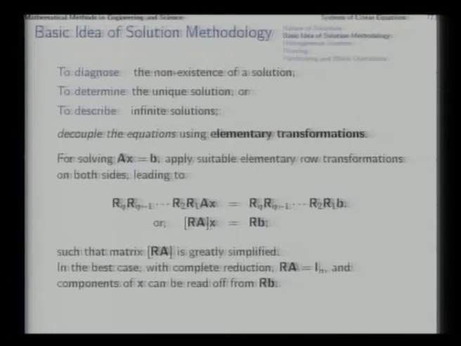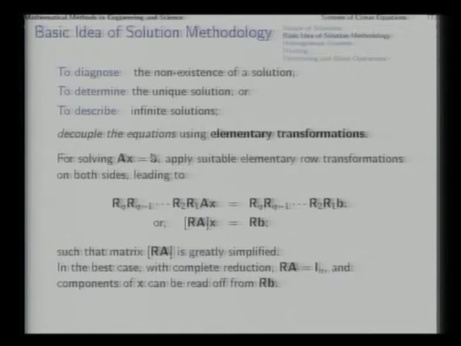What we do to solve or simplify this is that we take Ax equal to b and apply suitable elementary row transformations on both sides. On the left side it will be applied on A, on the right side it will be applied on b.